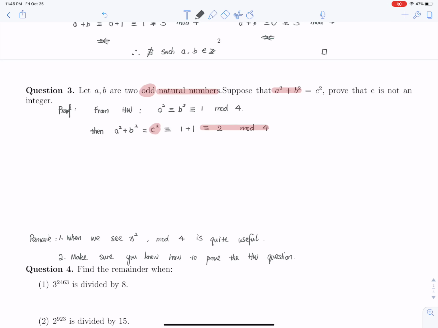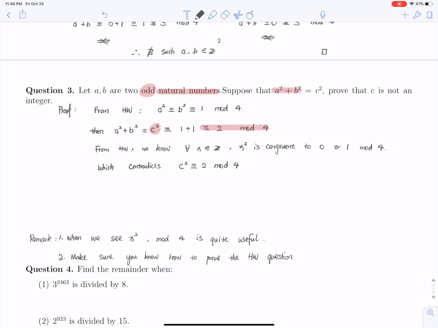Again, from homework, we know that for all x in the integers, x squared is congruent to 0 or 1 in mod 4, which contradicts c squared being congruent to 2 mod 4.